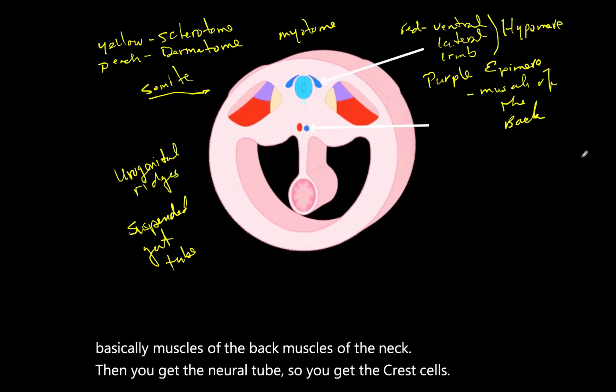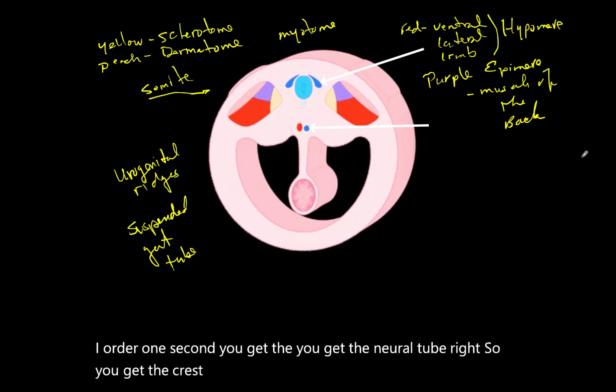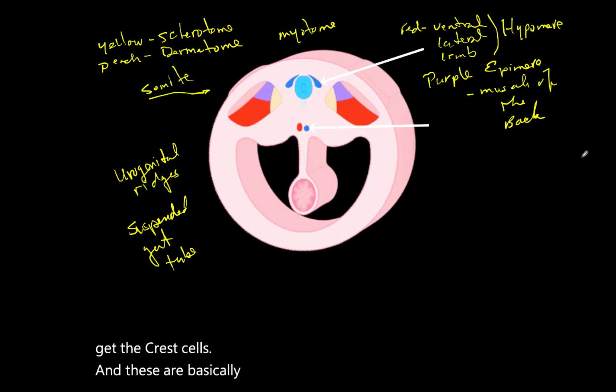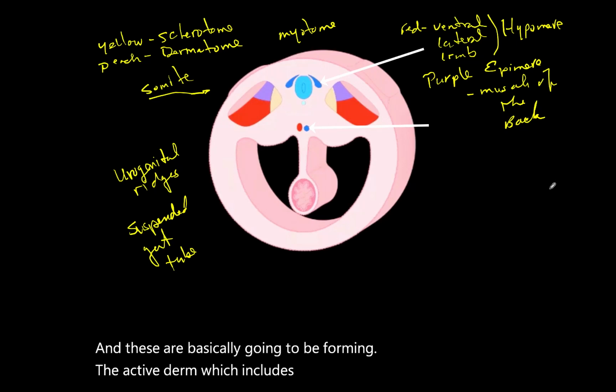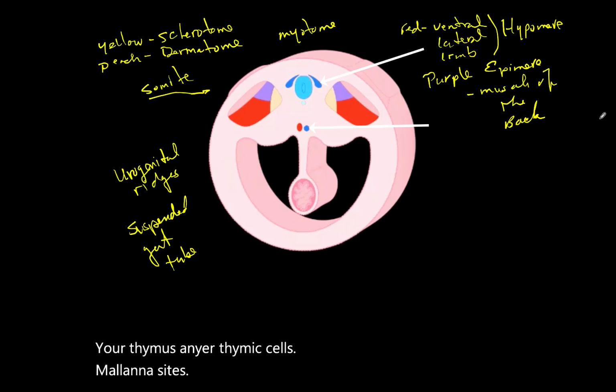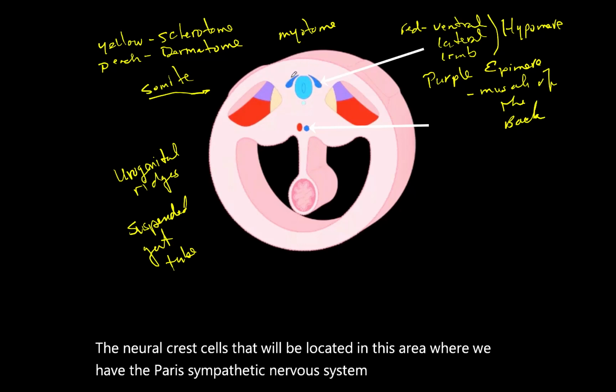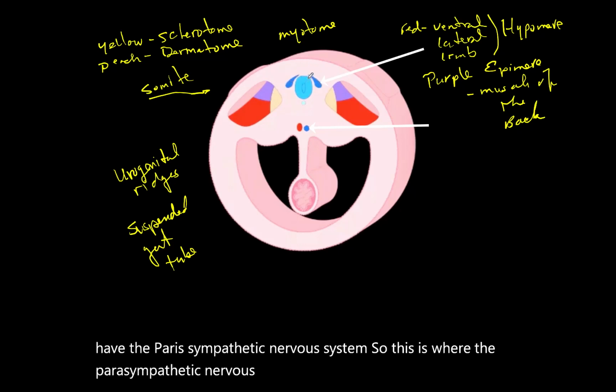And these are basically going to be forming the ectoderm, which includes cartilage and bone of the face, teeth, your thymus and your thymic cells, melanocytes, and it is within the neural crest cells located in this area that we have the parasympathetic nervous system. So this is where the parasympathetic nervous system is going to develop.